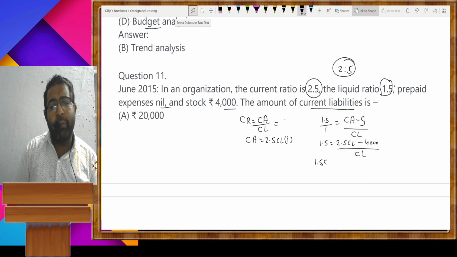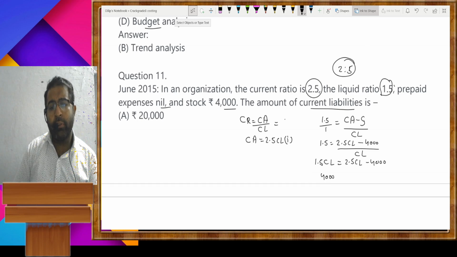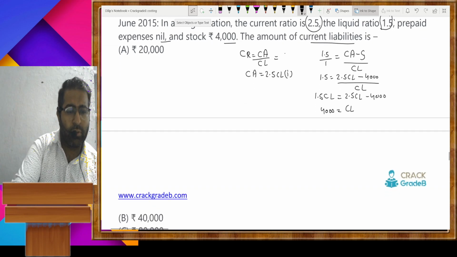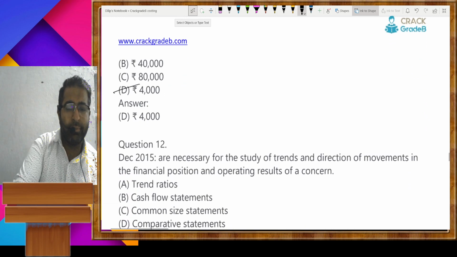So 1.5 current liabilities equals 2.5 current liabilities minus stock value 4,000. Just transfer it: stock 4,000 equals current liabilities. So answer is 4,000. Okay.